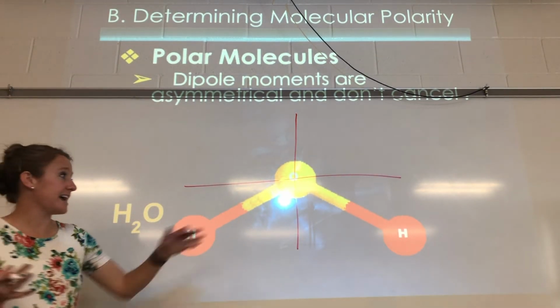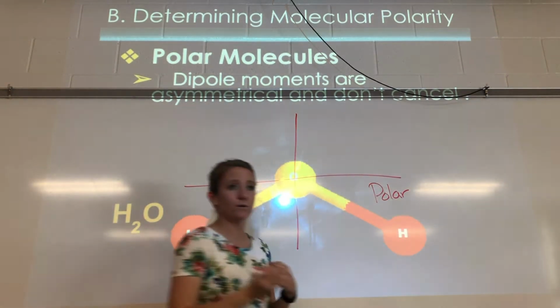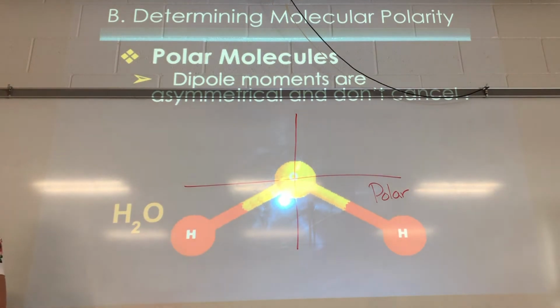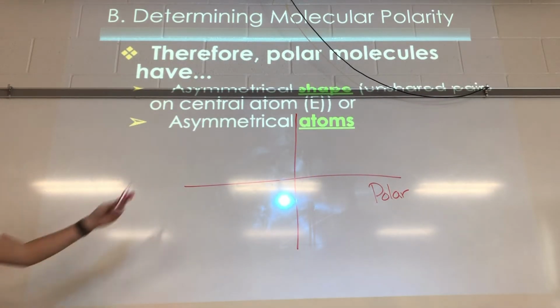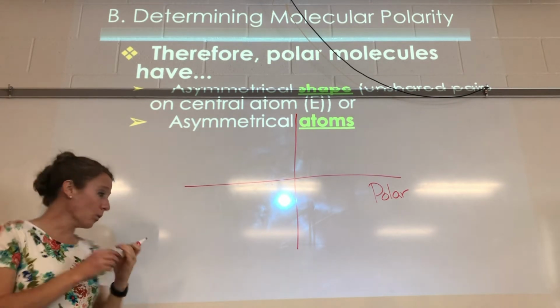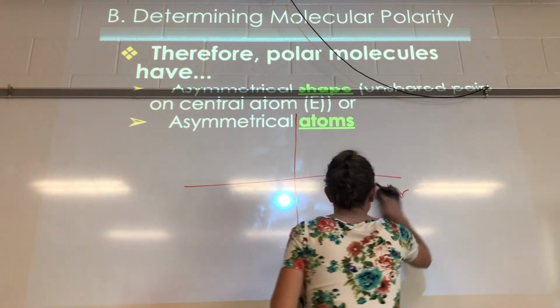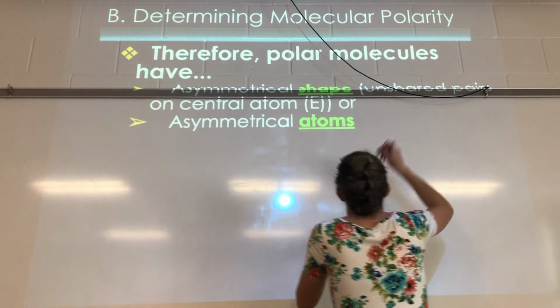And so this is classified as a polar molecule. So symmetrical means nonpolar, asymmetrical means polar. Now, two checklists, once again, to determine if something is polar. If it's asymmetrical, it's going to be polar. Now, one of the key things that makes it asymmetrical are the lone pairs, or the ghost.